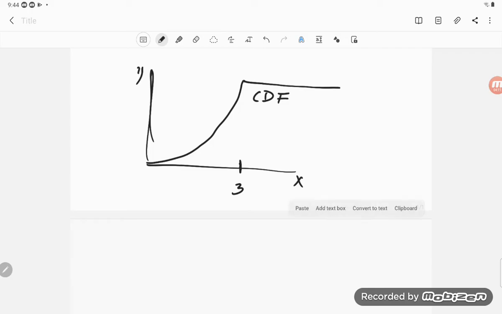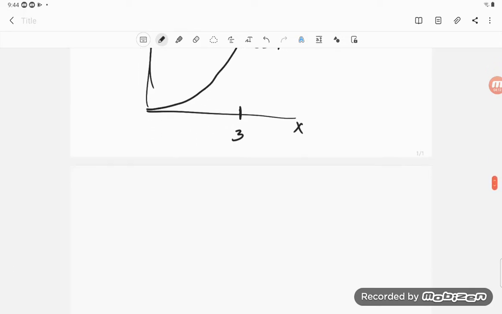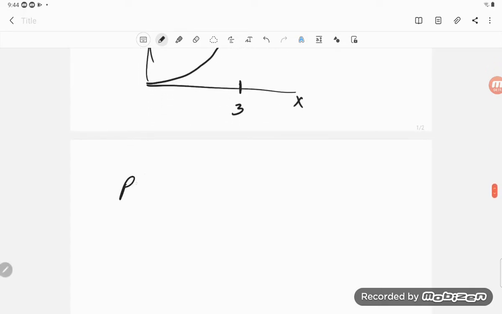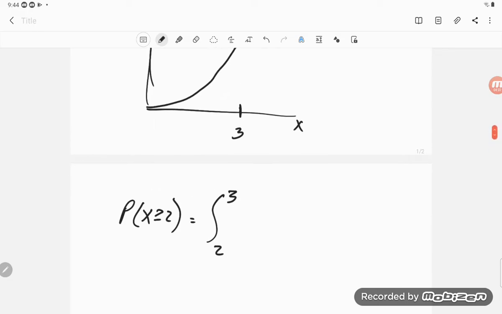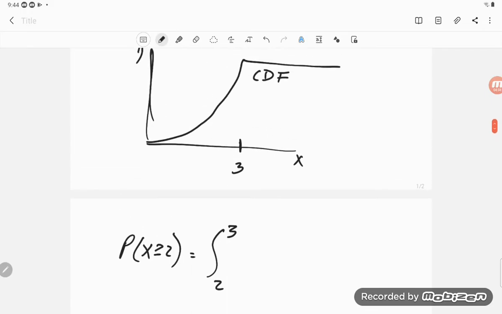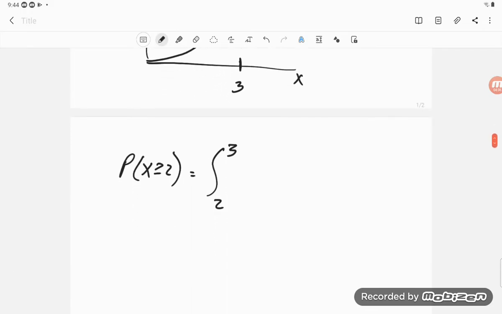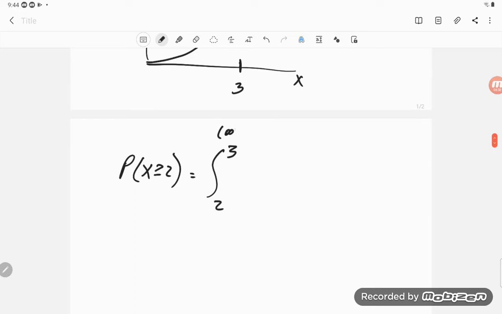Determine the probability that x is greater than 2. Okay, so the probability that x is greater than or equal to 2 is just the integral from 2 to, now you could put infinity here. I'm just going to put 3 because that's all that we use. But up here, you're sort of going to infinity.